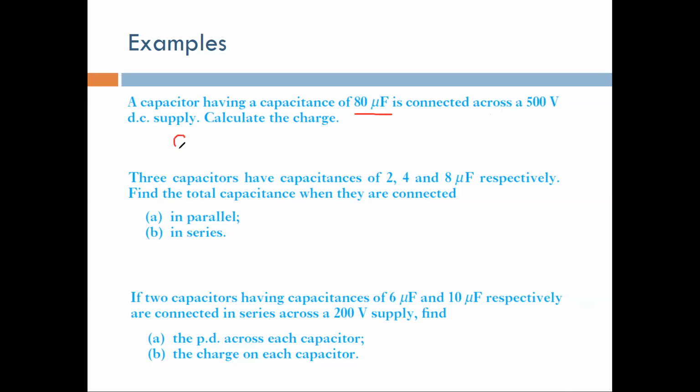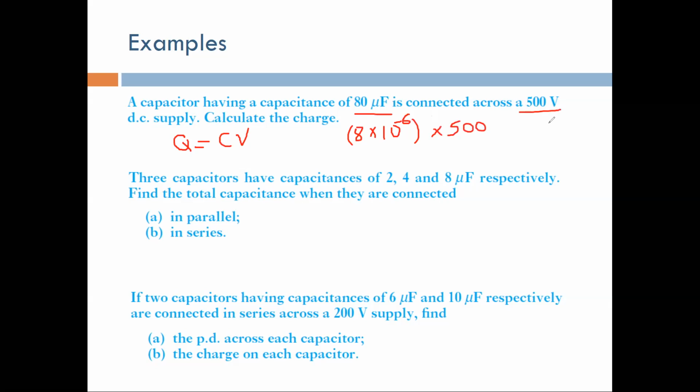So basically, the basic equation, Q equals C times V. You have C here. C is 80 times 10 to the minus 6. And you have the voltage here in volts. So basically, just multiply this by that. And the output would be in what units? Coulombs. And this would be SI units. Okay.